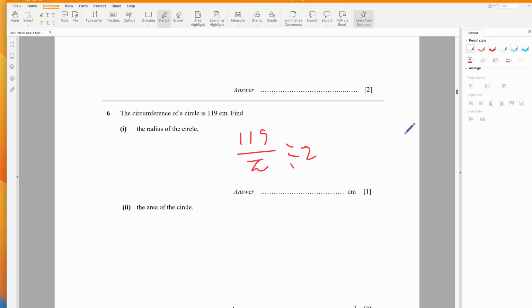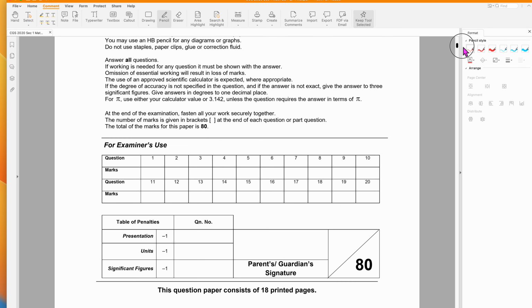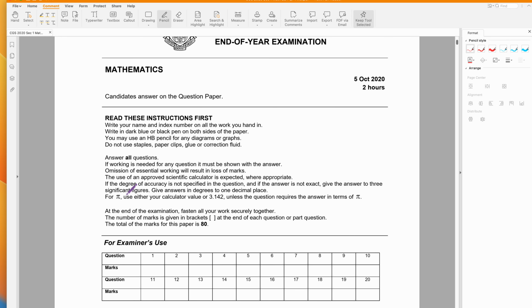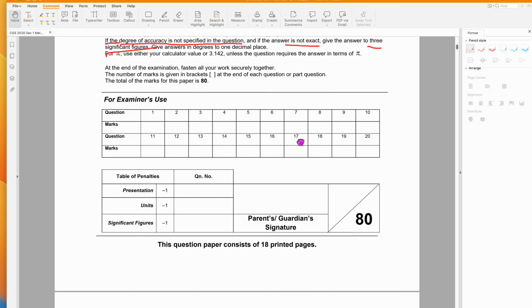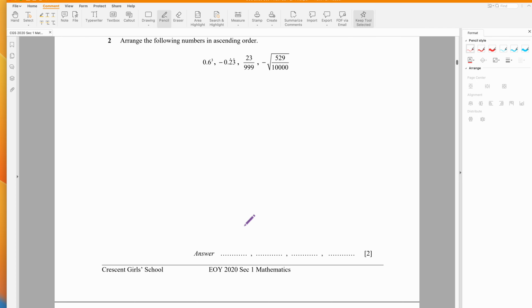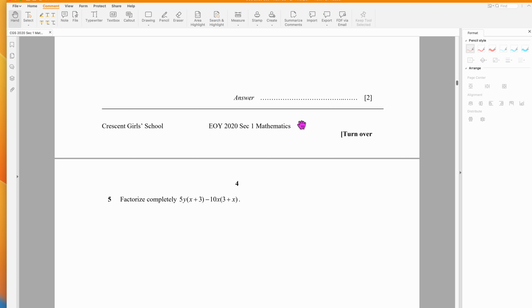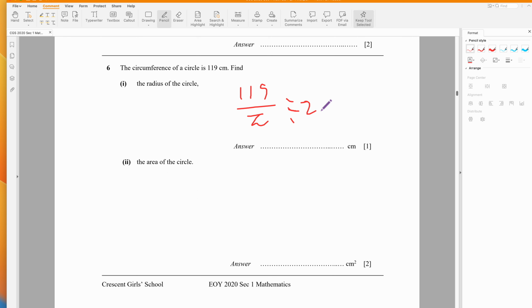I think there must be instructions on the cover page. Let's read the instruction on the cover page. If the degree of accuracy is not specified, then the answer is not exact, which is that case. So you give 3 significant figures. Can you see? So you need to give 3 significant figures. You cannot anyhow round.